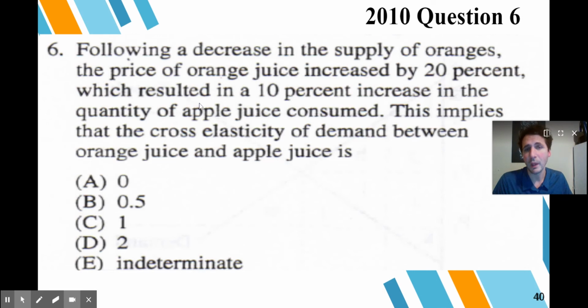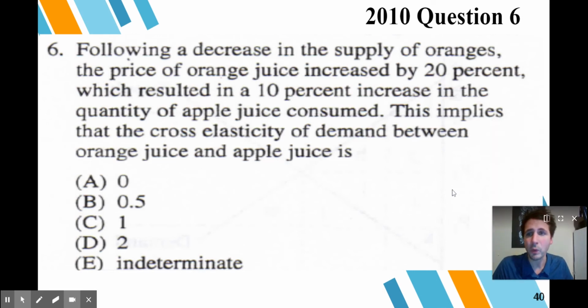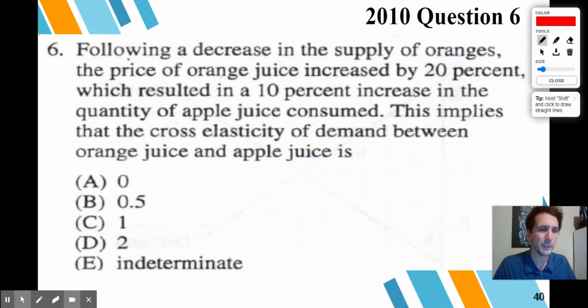Let's close this up. Following a decrease in the supply of oranges, the price of orange juice increased by 20%, which resulted in a 10% increase in the quantity of apple juice consumed. This implies that the cross price elasticity of demand between orange juice and apple juice is, well, we know cross price elasticity uses the same equation as quantity over price every time.